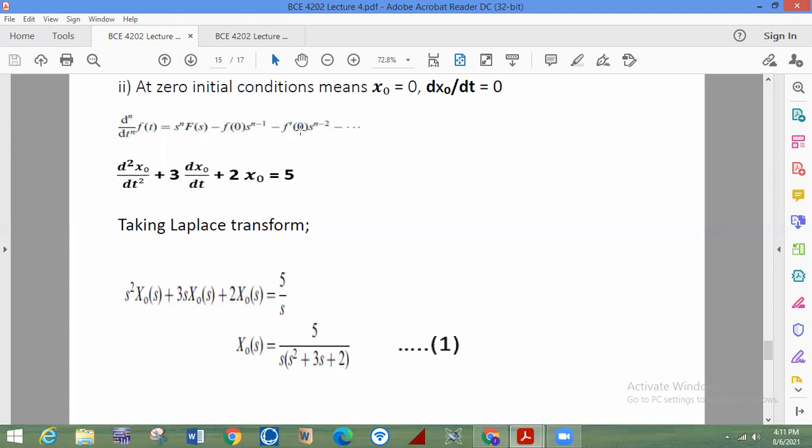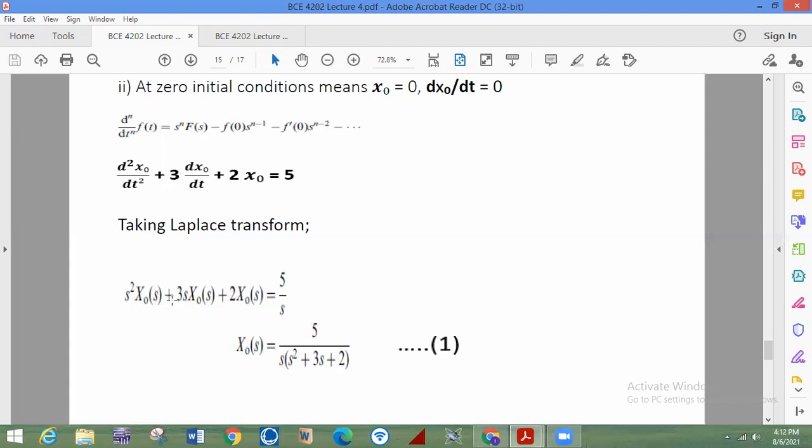Likewise, this term also is multiplied by the first derivative, but the first derivative, as the question states, is given by 0. So if you multiply 0 in this term, it will be a 0. So we remain with s squared, x naught, after applying this whole property in this term.